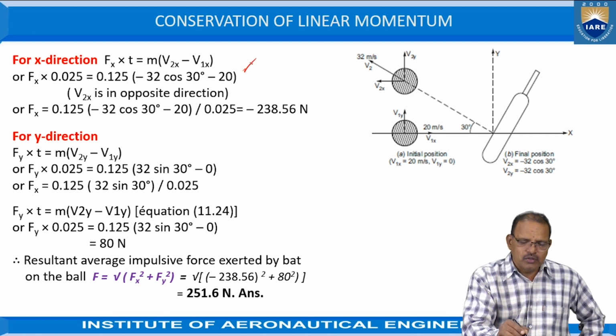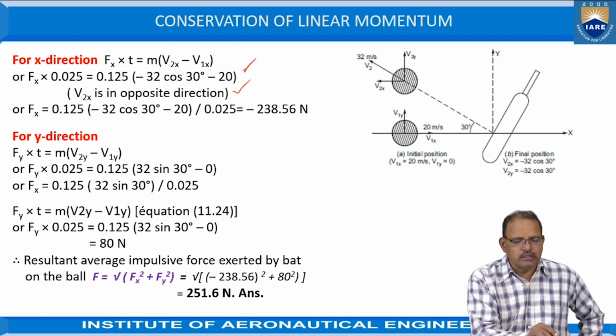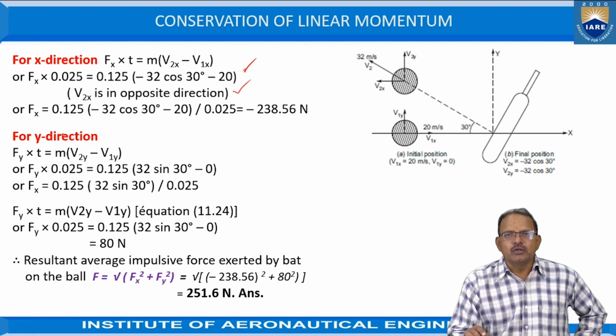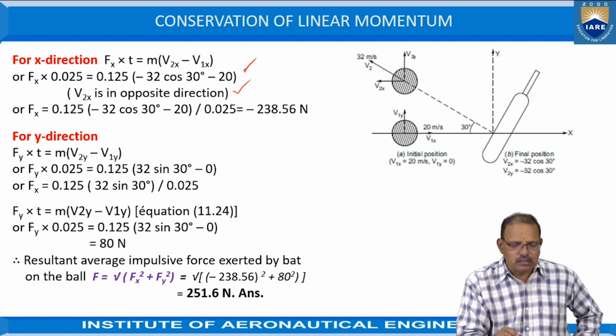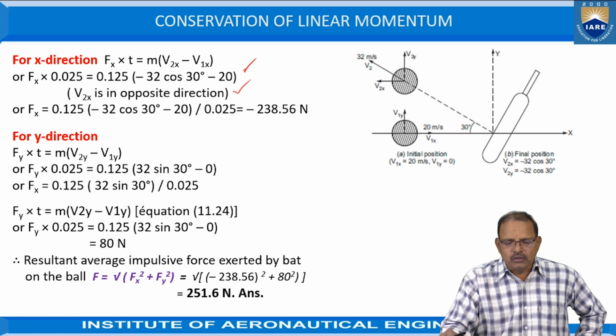So from this relationship, we get Fx is equal to 0.125 into (minus 32 cos 30 minus 20) divided by 0.025, that is the time, which is equal to minus 238.56 newtons.